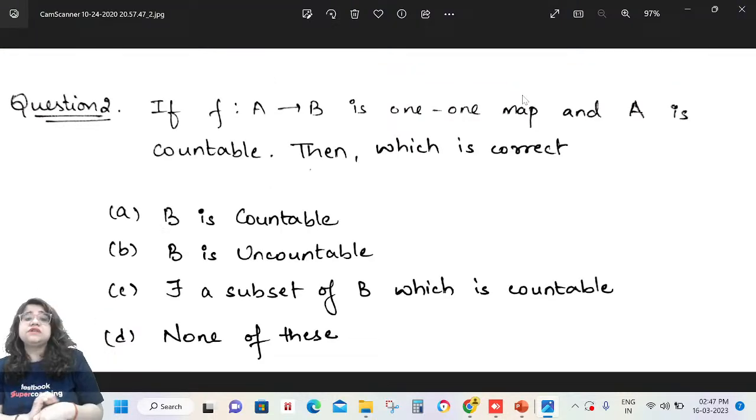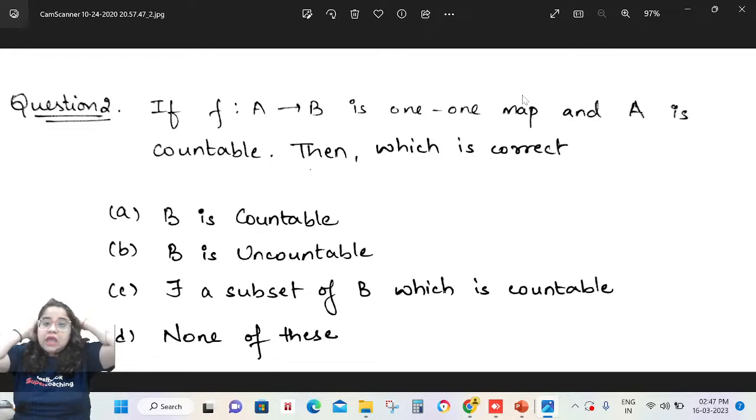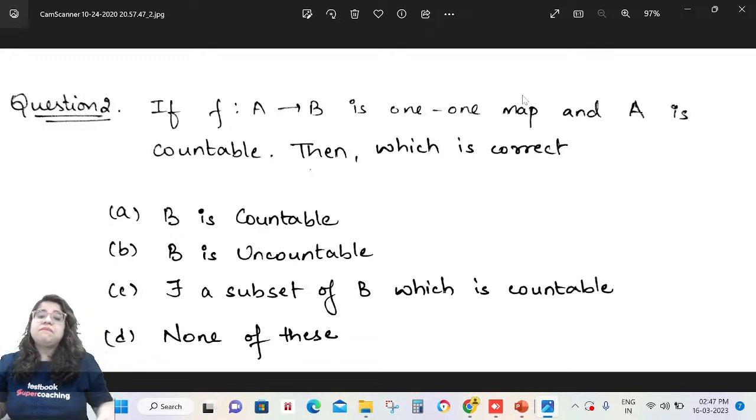Try to find some subset in B which is going to be countable, as A is given to be countable. The whole of B cannot be countable in a way, since it's a 1-1 map, but it's not onto.